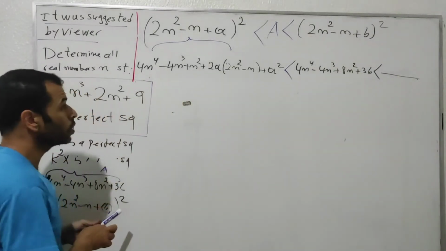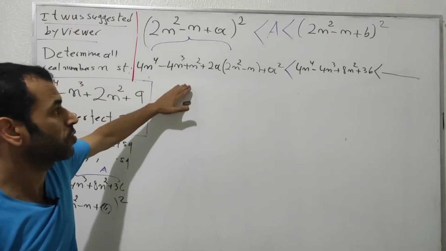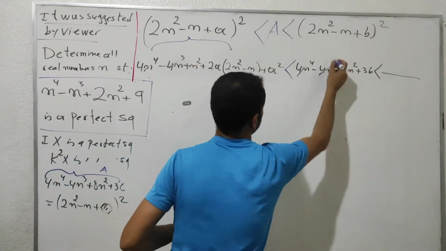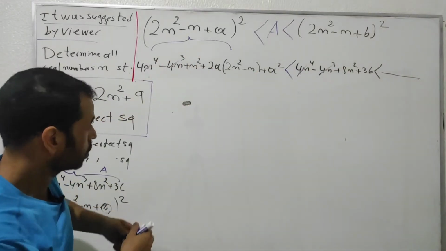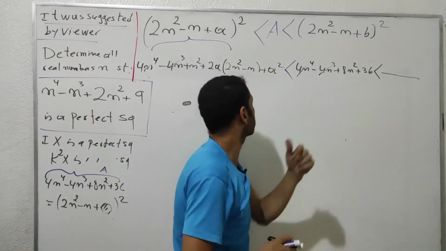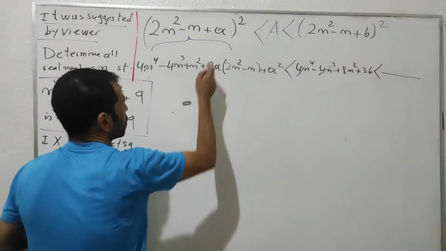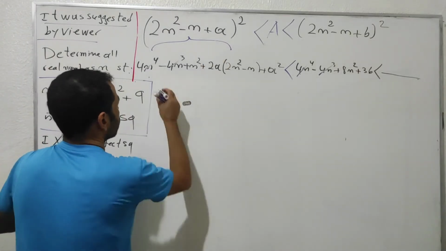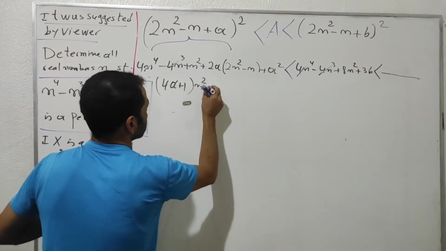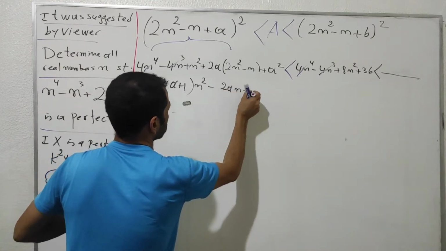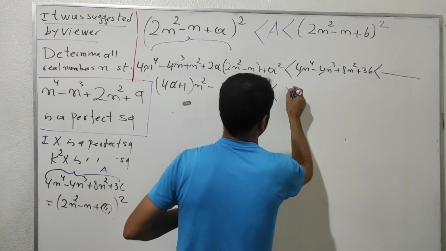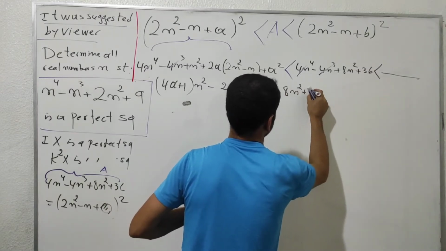Okay, it seems a lot of stuff is going to cancel out here, because both terms are the same. So the only thing left is this one and these two terms. This is going to be written as (4a plus 1) multiplied by n squared minus 2an plus a squared, strictly less than these two terms, 8n squared plus 36.